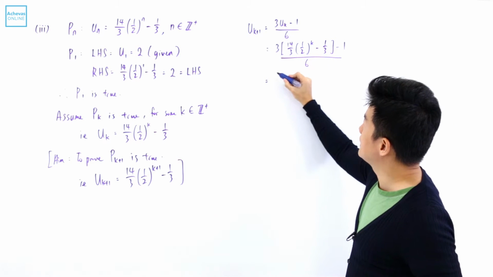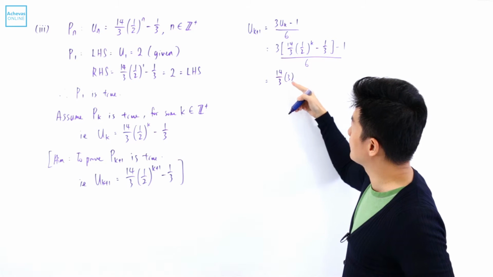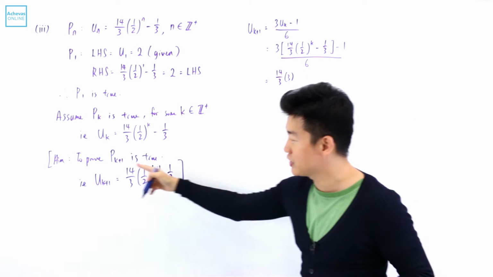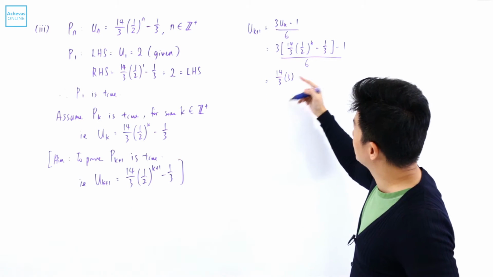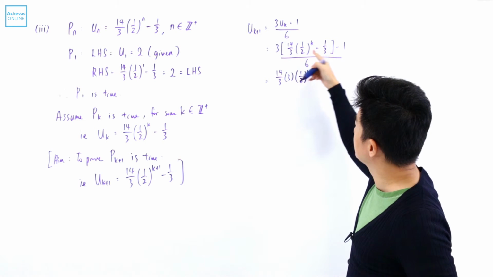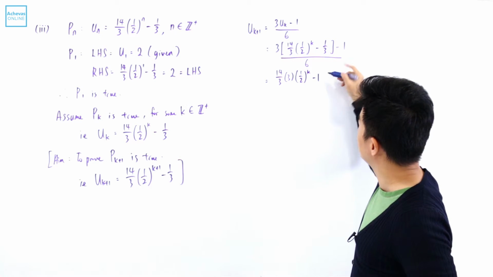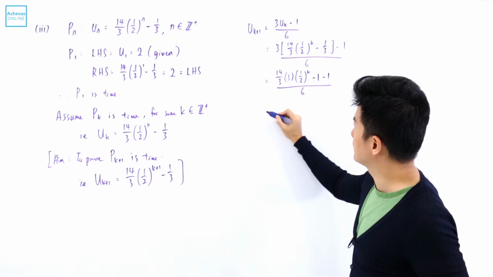If I were to multiply this in, it is going to be 14 over 3 times 3. I'm going to leave this 14 over 3 here, because this portion here has a 14 over 3. So multiply by 3 times 1 over 2 to the power of k. This and this will be minus 1. Then minus 1 divided by 6.